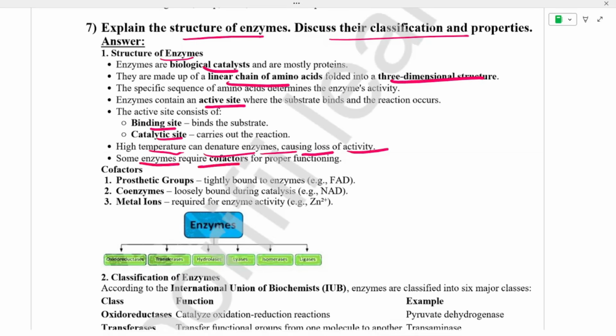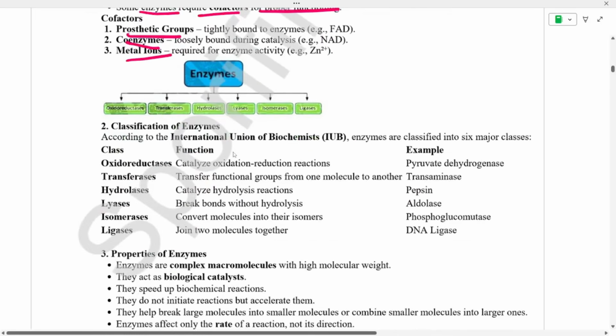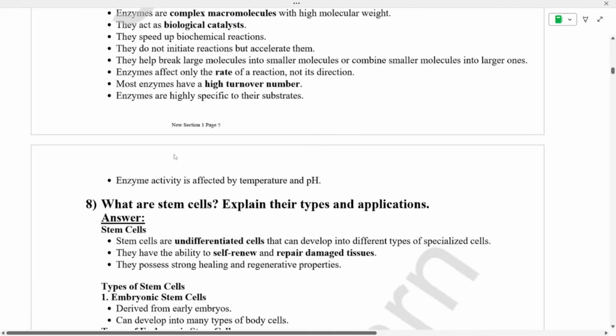Okay, some enzymes require a cofactor for proper functioning, and cofactors are prosthetic groups, coenzymes and metal ions. Enzymes are classified into oxidoreductases, transferases, hydrolases, lyases, isomerases and ligases. All the functions I have given, you can see this.